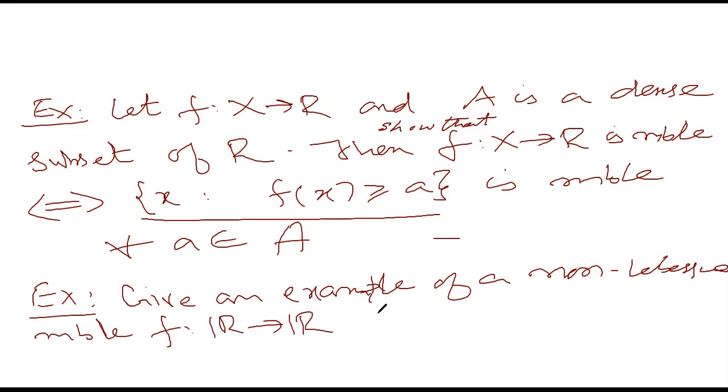Its mod is measurable, but f is not measurable. And you know that if f is measurable, then mod of f is measurable, but the converse is not true. That's an exercise for you. You have to show that the converse is not true.